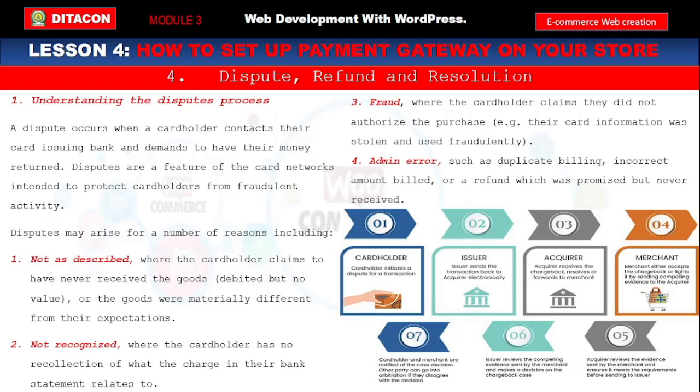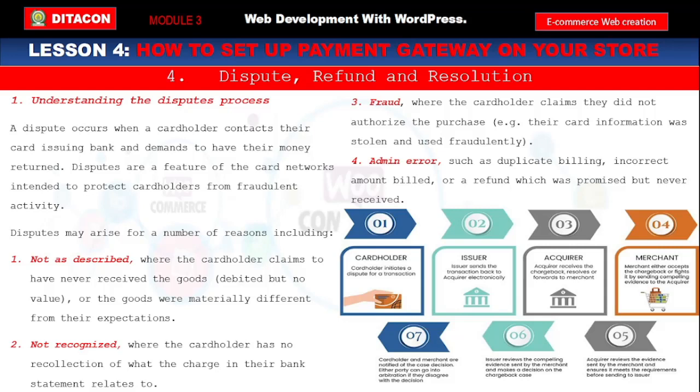Secondly, is not recognized. This is where the card holder has no recollection of what they were charged for in their bank statements. They just got a debit alert from the bank, but they were not really clear about the product or services for which the money was deducted.